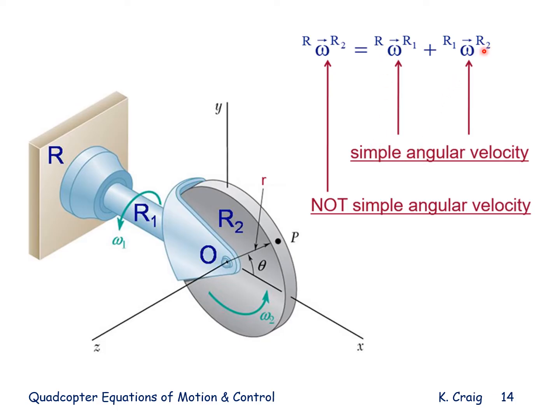The angular velocity of R2 in R1 is simple angular velocity. But the angular velocity of R2 in R is not simple angular velocity, but it is easily calculated using the addition theorem for angular velocities, as we are doing for our quadcopter.